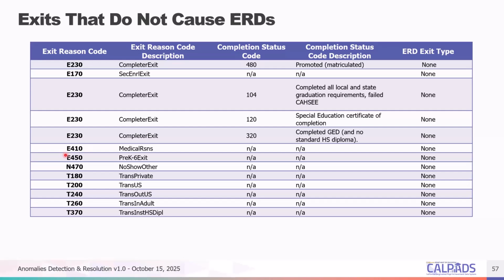If you exit the student with a 480 and it so happened that there was no subsequent enrollment for that SSID, then you won't get any ERDs for that. If you use E155 or T160, then of course that would trigger an issue. So these are some exits that will not cause ERDs if there are no subsequent enrollments in CalPADS.